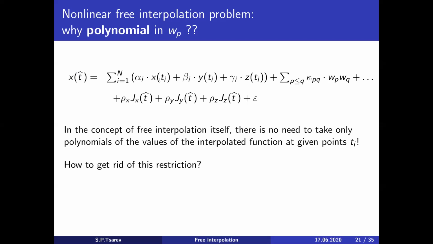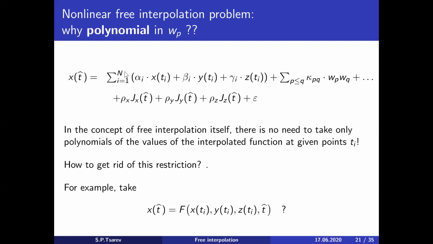Is it possible to generalize? How to get rid of this restriction? For example, can we take, instead of polynomial dependent of x, y, and z in right-hand side, some abstract, very general, well, smooth functional dependence on all x, y, and z? Here we should understand that I mean that the f has not 4 arguments, but many more.